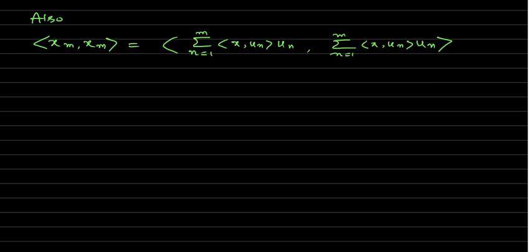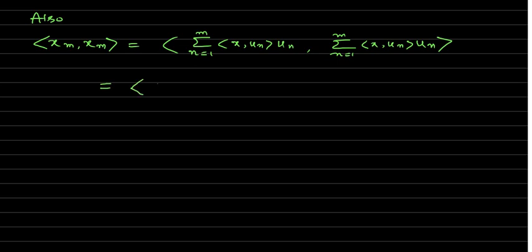So if you expand this first one, it's xu1 u1 and xu2 u2, then this will be xu1 conjugate. So let's expand it, so that we don't waste time.